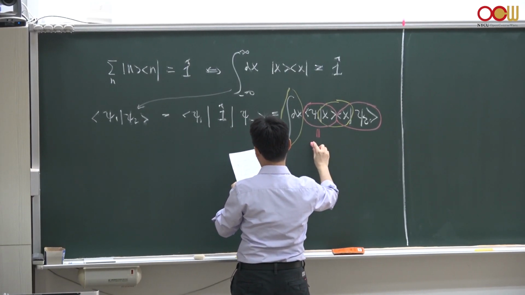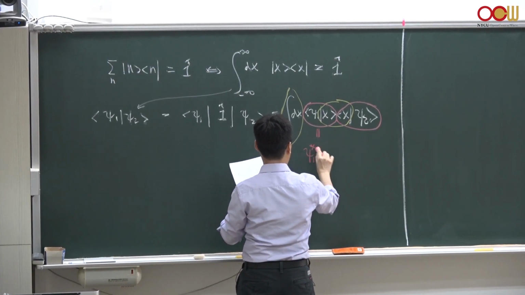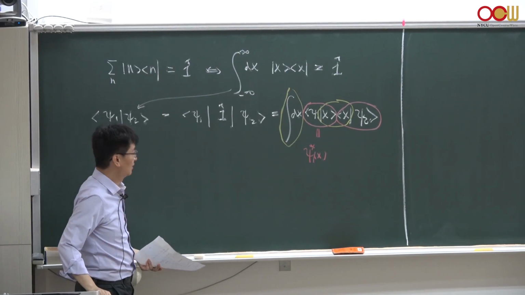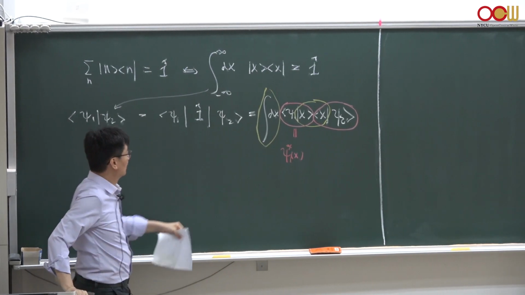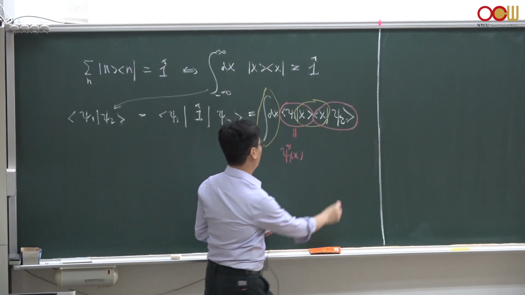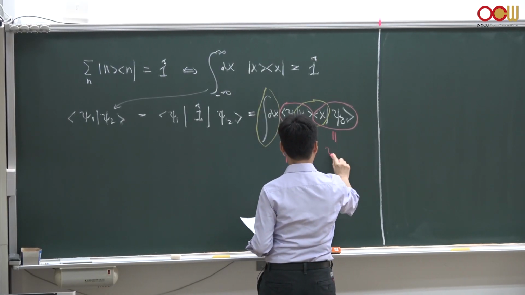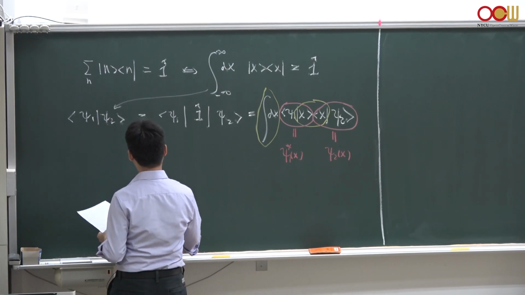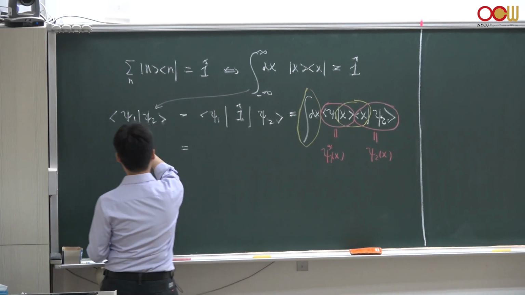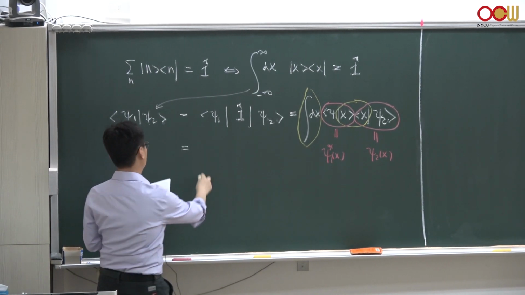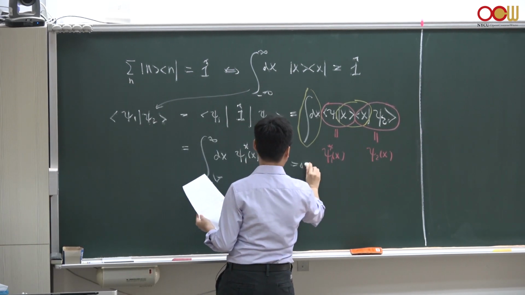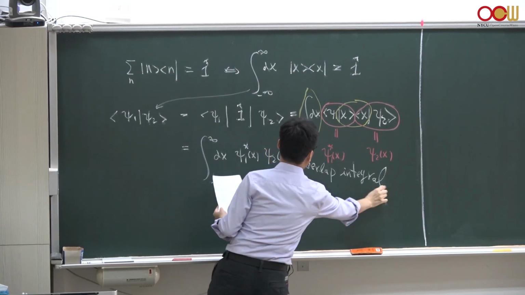Well, this is nothing but psi 1 star of x as a Schrödinger wave function. We just argued that they should be interpreted this way. And likewise, this is psi 2 of x by definition. As a result, this Dirac inner product is nothing but the overlap integral that we defined earlier, right?